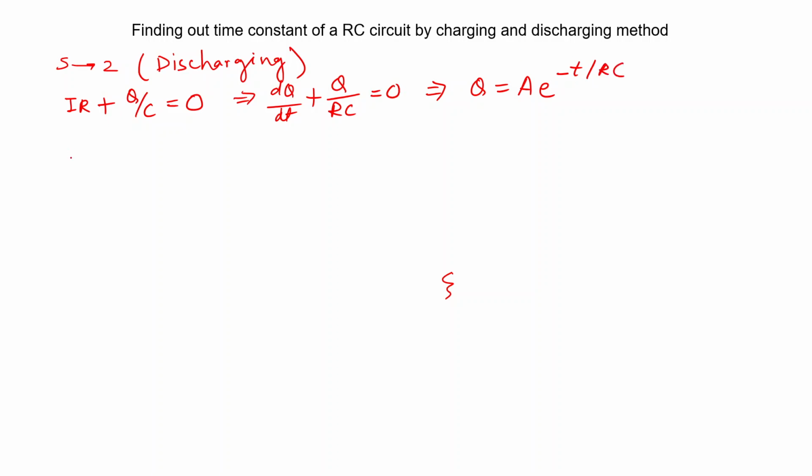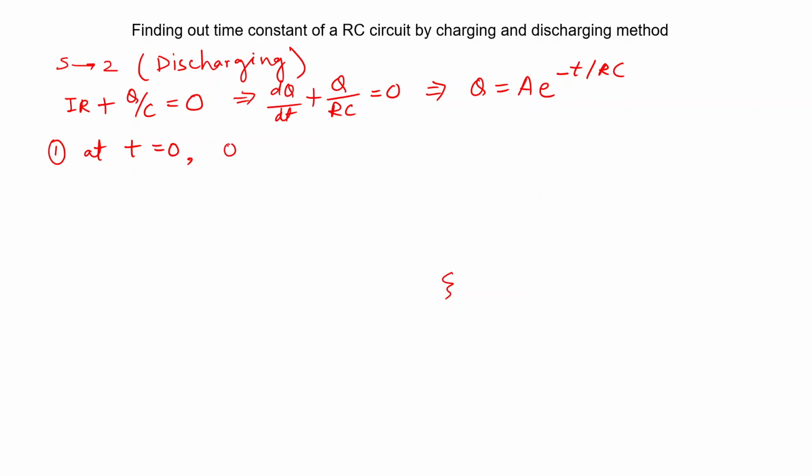Again, using the boundary condition, what will be those boundary conditions? That at time t equal to 0. Since this is the discharging case, at t equal to 0 the capacitor is charged with the maximum charge possible.